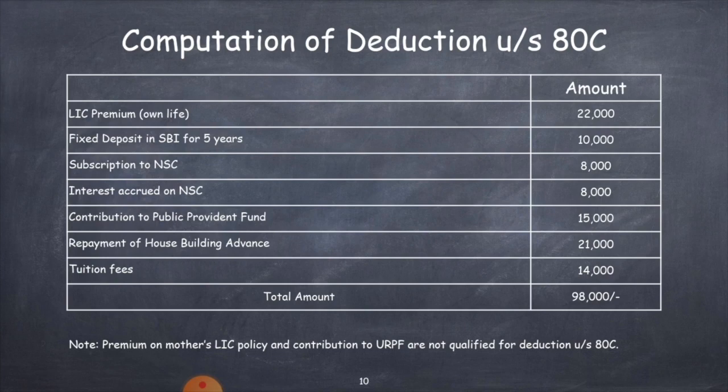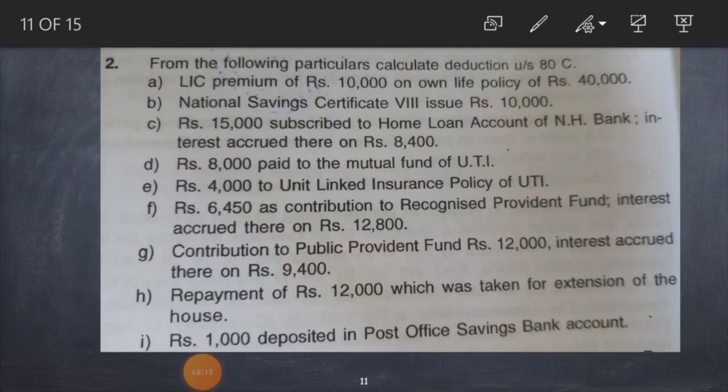That means from the gross total income you have to deduct this total amount of deduction under section 80C. So premium on mother's life insurance policy and contribution to unrecognized provident fund are not qualified for deduction under section 80C. See the second problem.